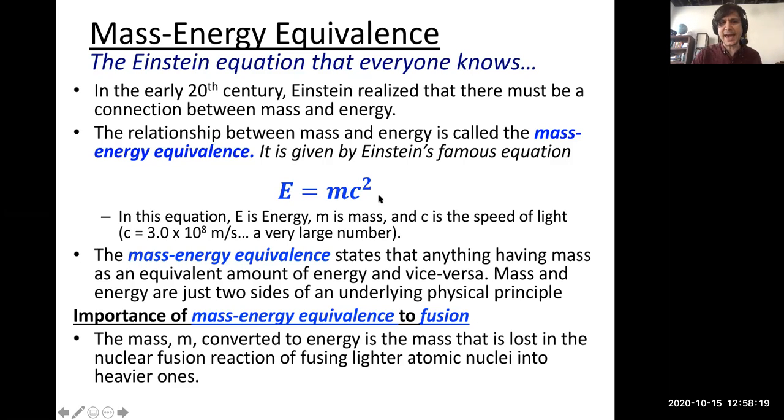This connects the energy, E, to the mass that's lost in a fusion reaction, in our case that we're talking about here. So the energy equals the mass times the speed of light squared. He realized that basically mass is just sort of a condensed form of energy.